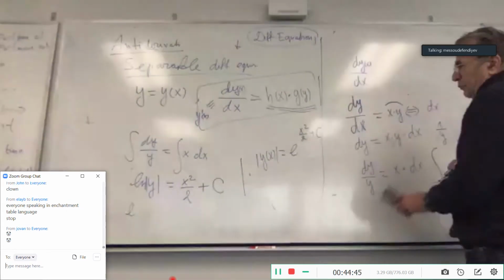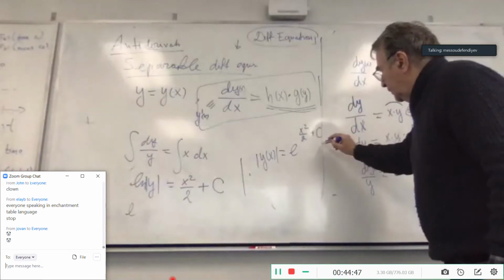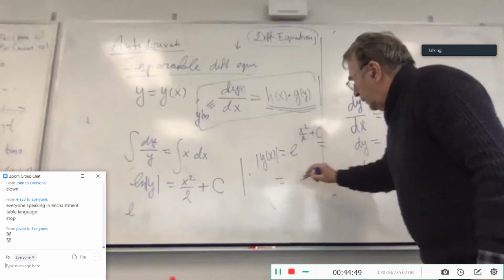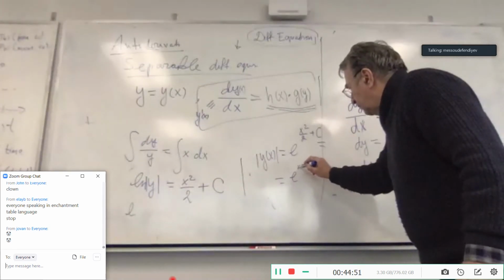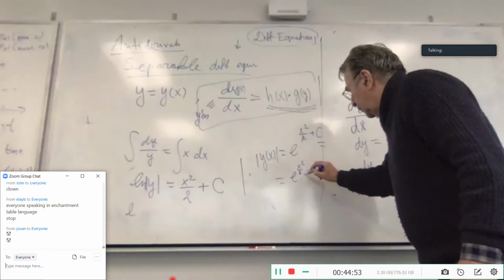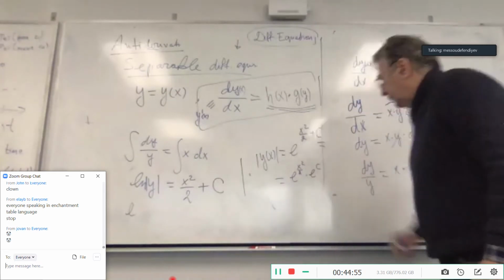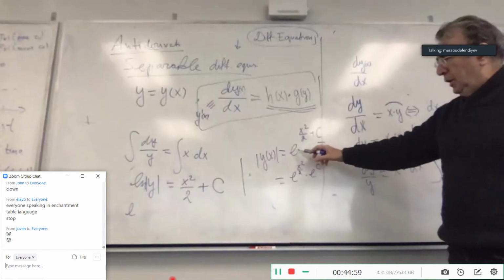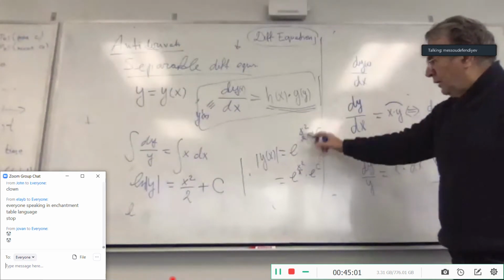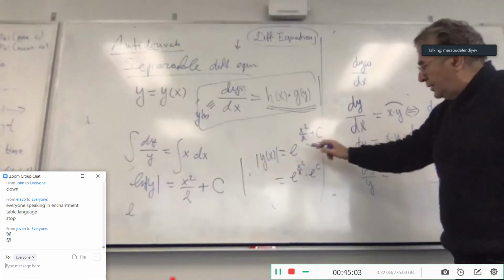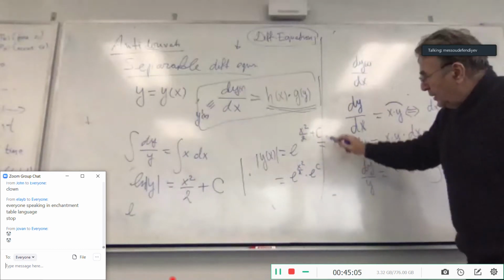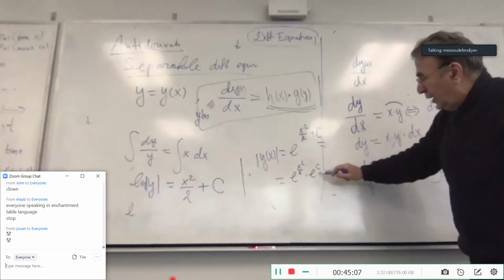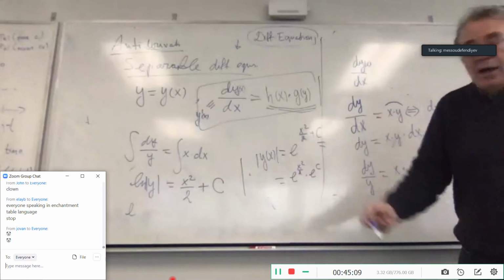And now it is very important that this is equal to e power x squared over 2 times e power c. This is the rule of the power function: a power x plus y is equal to a power x times a power y. Now c was an arbitrary constant, and e power c will also be an arbitrary constant.